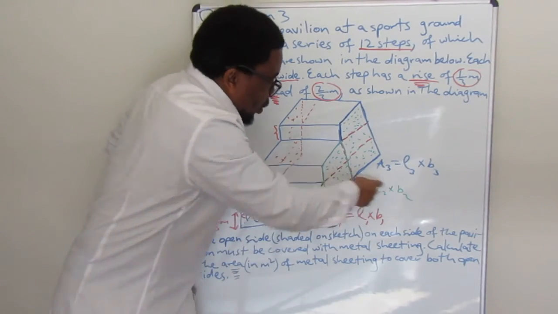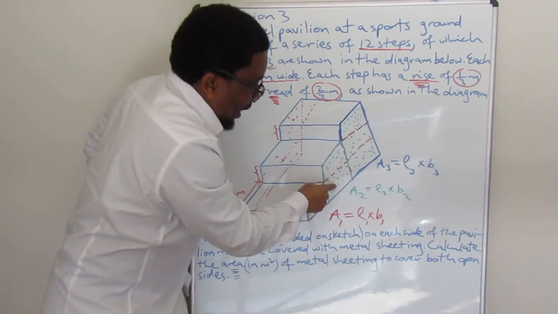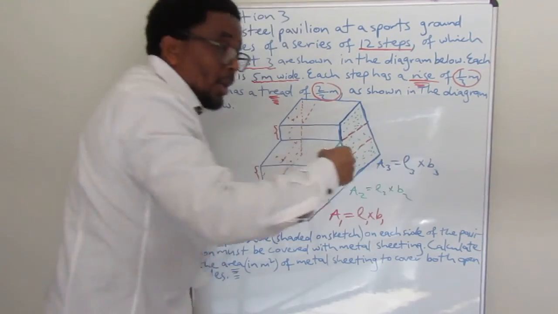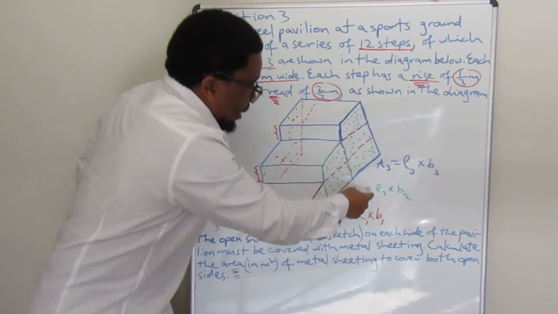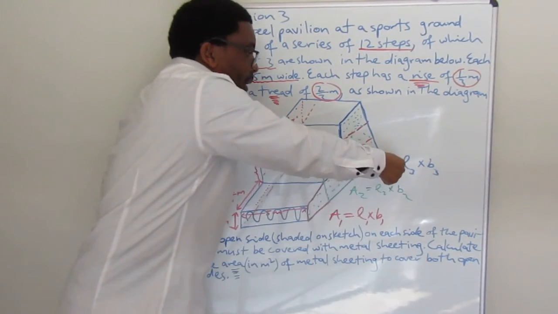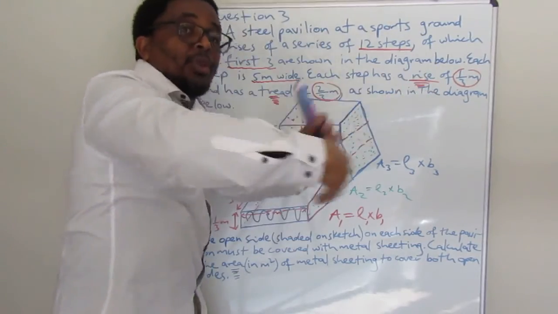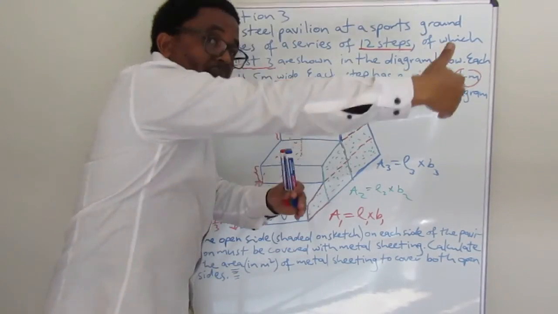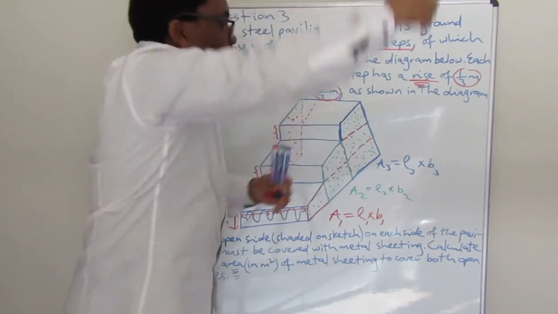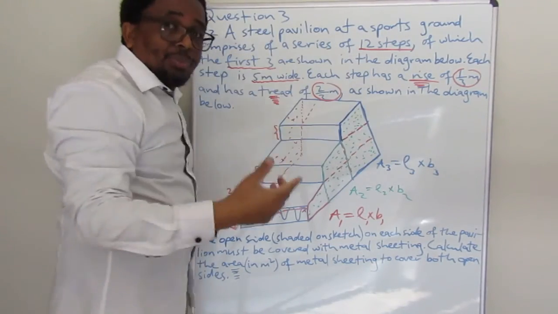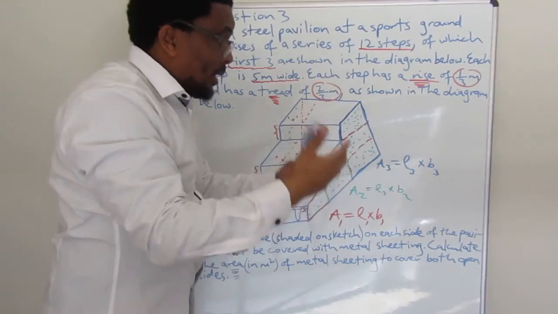But B2 is 2 times B1. B3 is 3 times B1. So my B1 is doubled here, it is tripled here. In my fourth step, it would be 4 times, then 5 times, 6 times, up until 12, my 12th step.